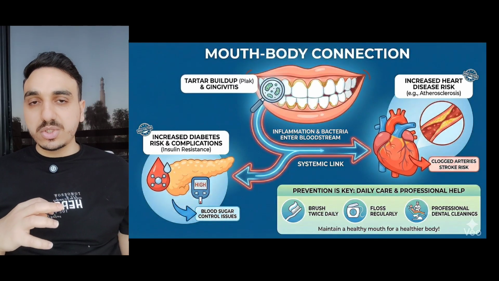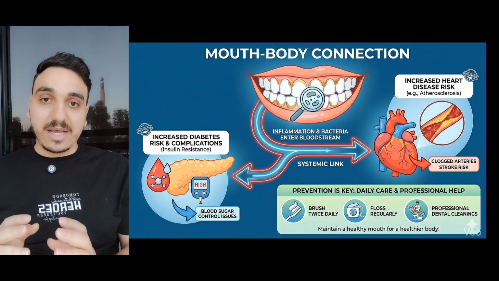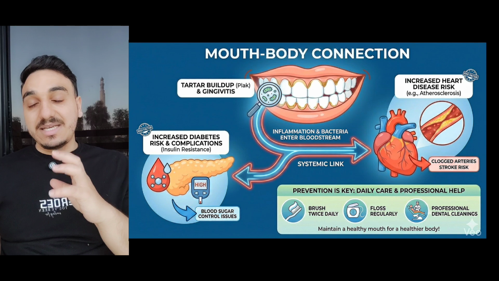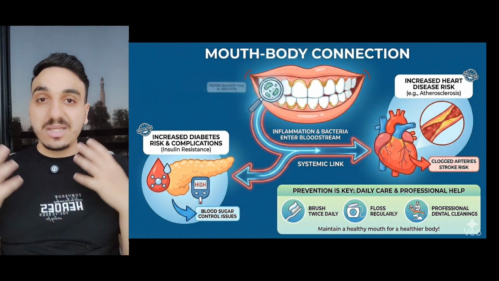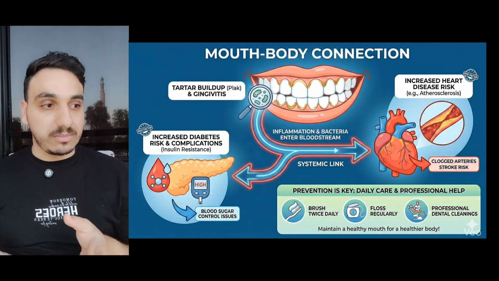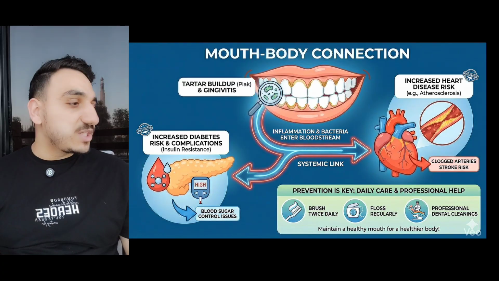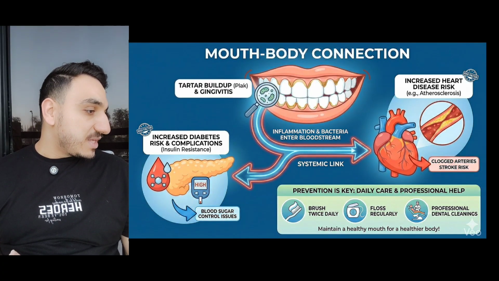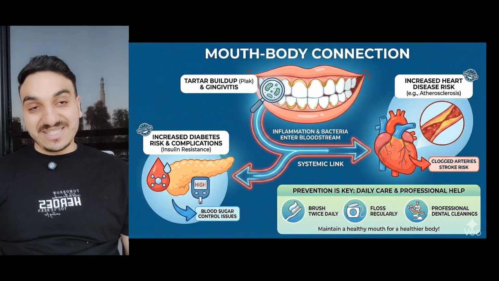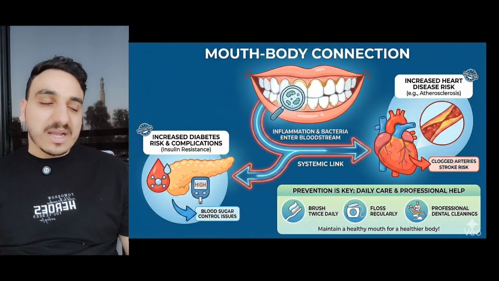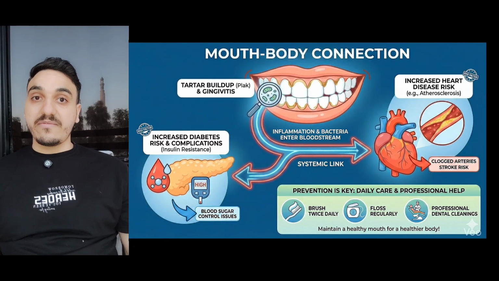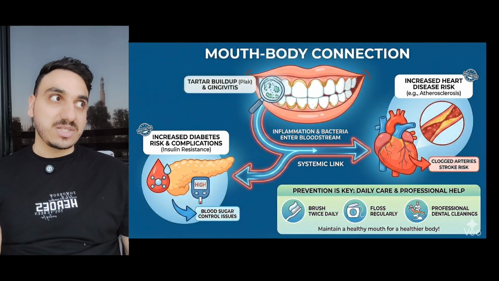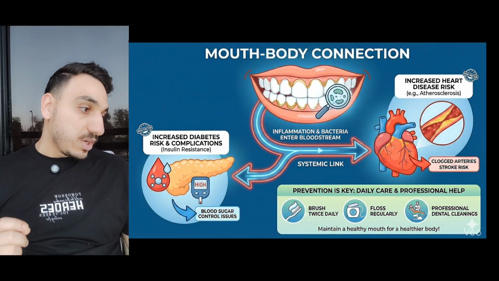Someone with poorly controlled diabetes, for example, when we examine the mouth, we will generally see problems in relation to the gums: chronic inflammation, gingivitis, periodontal disease, as their gums have a tendency to react more aggressively to the presence of teeth plaque or dental plaque. So that's why we talk about this.